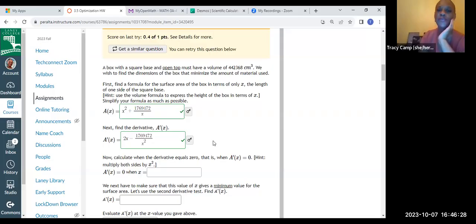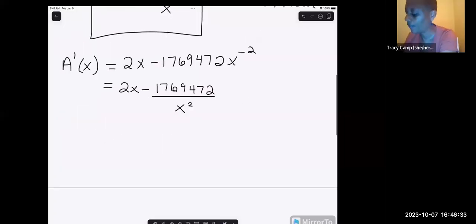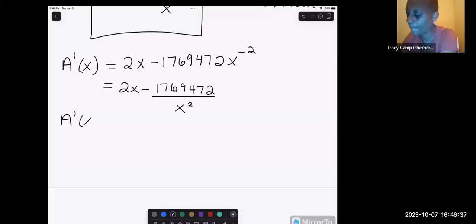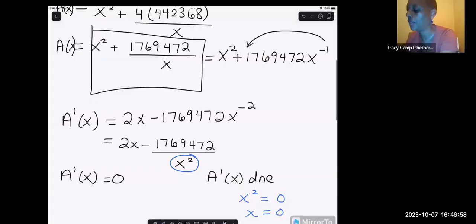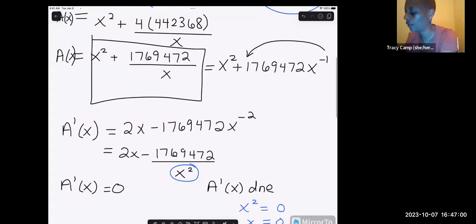And just notice for this one, when you find critical numbers, you're finding out when your derivative equals 0, and you're finding when your derivative does not exist. The thing is, our derivative does not exist when the denominator is equal to 0. So when x squared equals 0, which means when x equals 0. But notice, 0 is not in the domain of the original function.